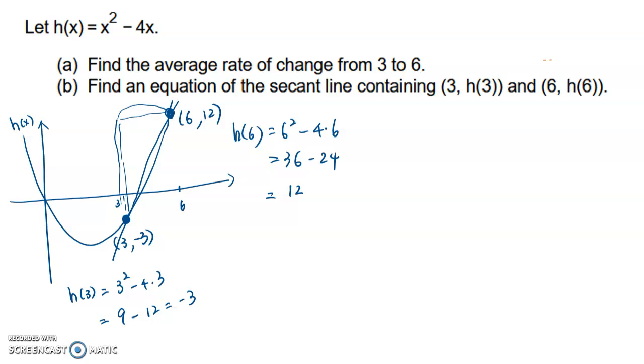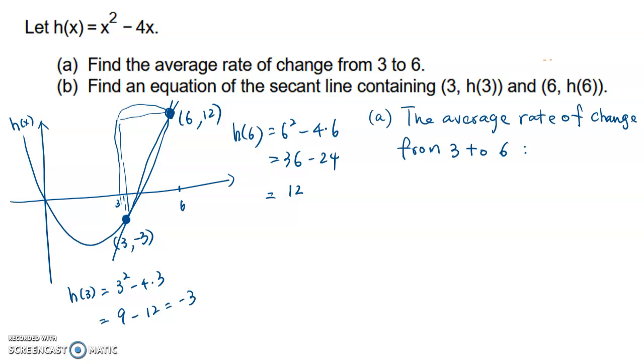So that will be, okay, first of all, the rise would be 12 minus negative 3. Right, so 12 minus negative 3, that's the rise part, over the run. The run part happens over here, which is 6 minus 3.